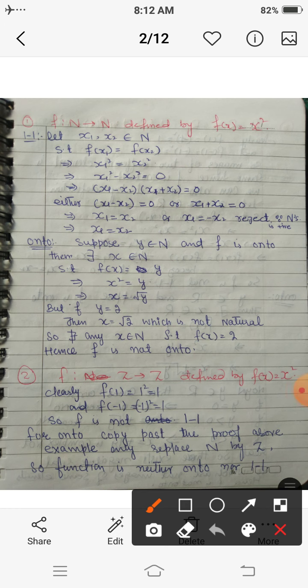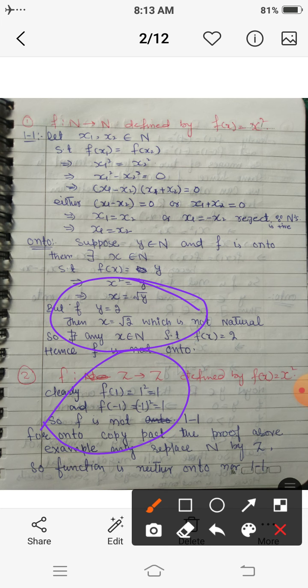Now if we consider the same function for onto, that is from Z to Z defined by f of x equals x square, still for the same domain and codomain, 2 is the image of root 2, as we proved, but root 2 does not belong to Z. So there exists root 2 in the domain which is mapped to 2, which is not a true statement, because root 2 is neither natural nor an integer.